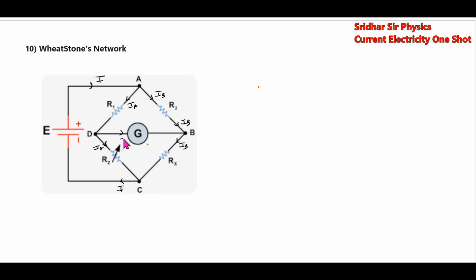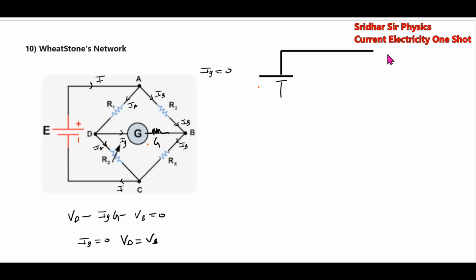So what is the current through the galvanometer? It is 0. Current through galvanometer 0 means VD minus IG into G minus VB is 0. If current through galvanometer is 0, then VD equal to VB. So even if any resistors are there, you can remove that since there is no current. Then out of this total circuit, it will appear as simple series parallel.